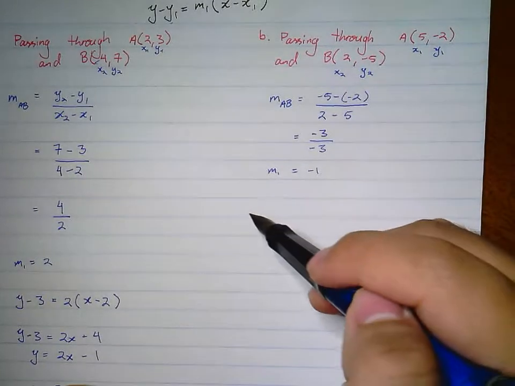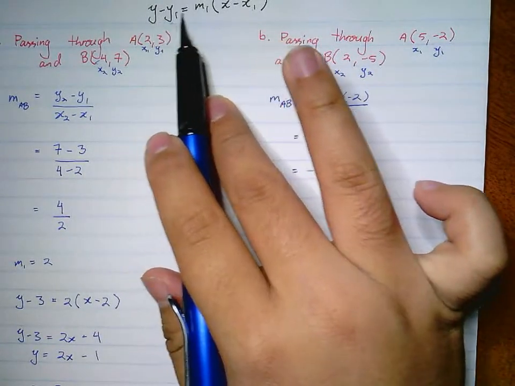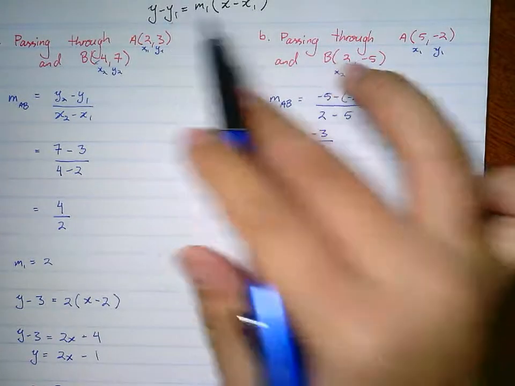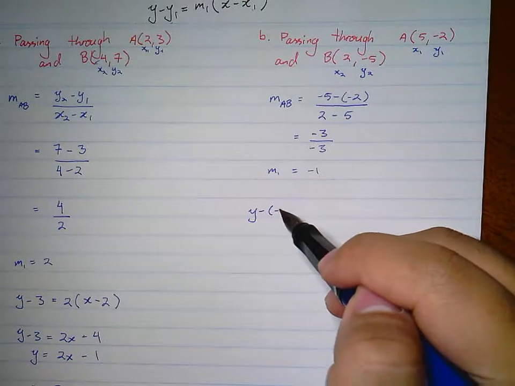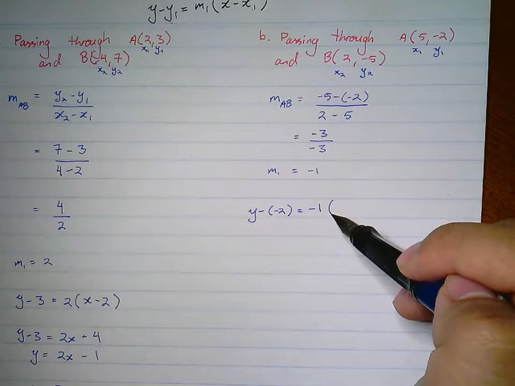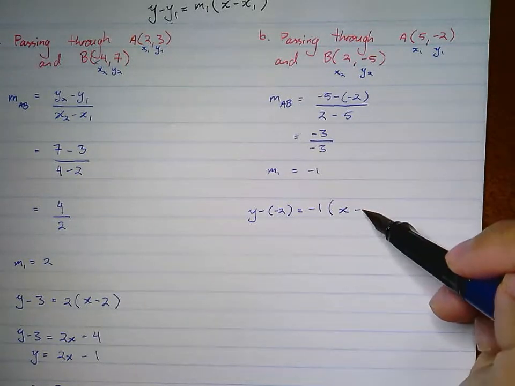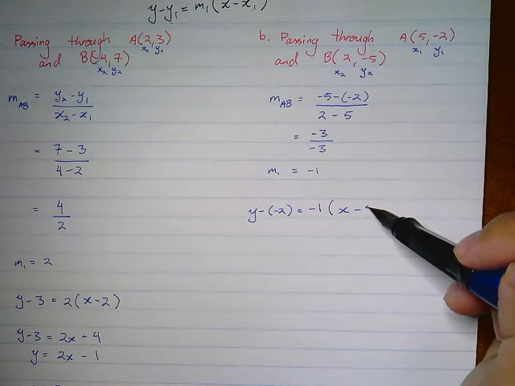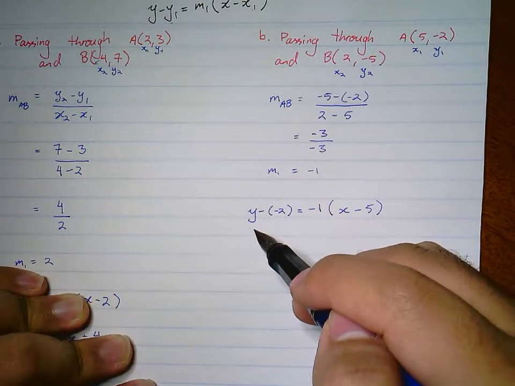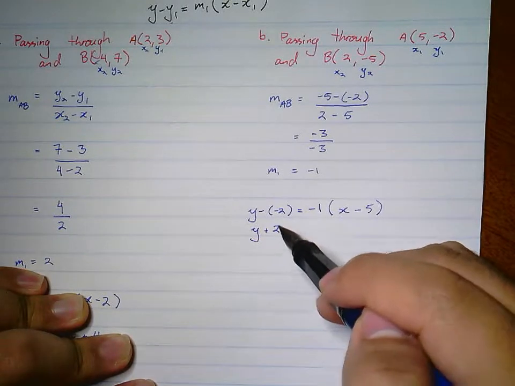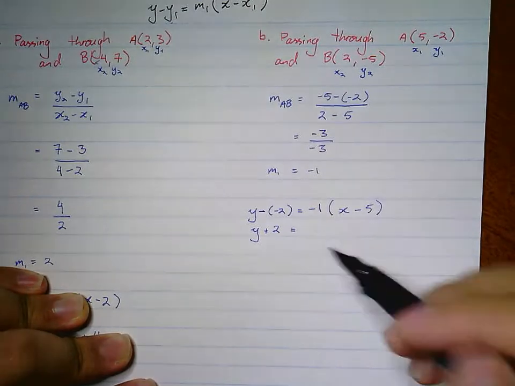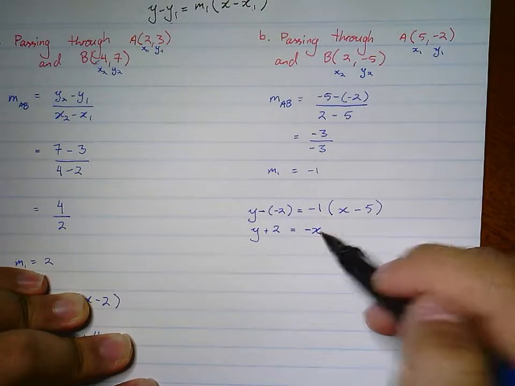And once again, let's use our formula to find the equation of the line. y minus y1, which is negative 2, equals negative 1 outside, x minus x1, which is 5. Evaluating this, we get y plus 2, because minus minus 2, equals negative 1 times x is negative x.